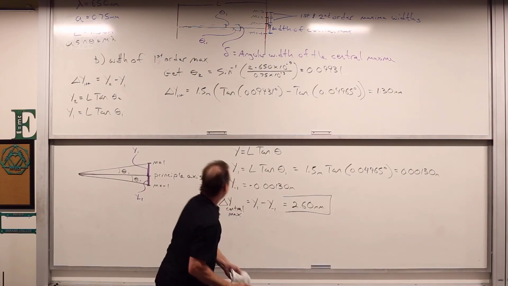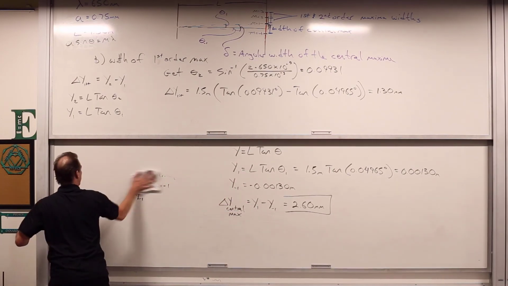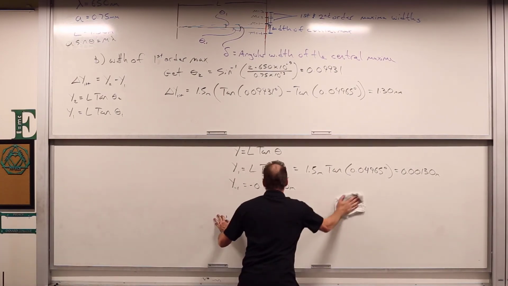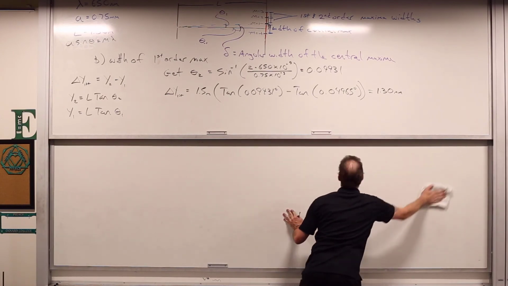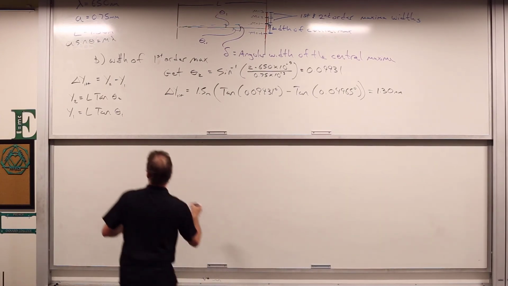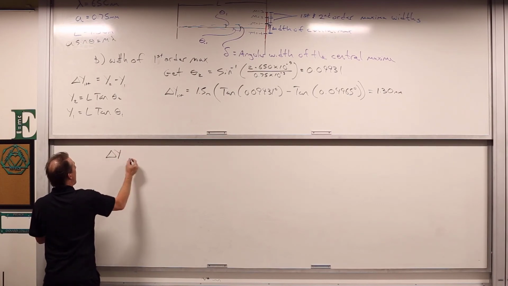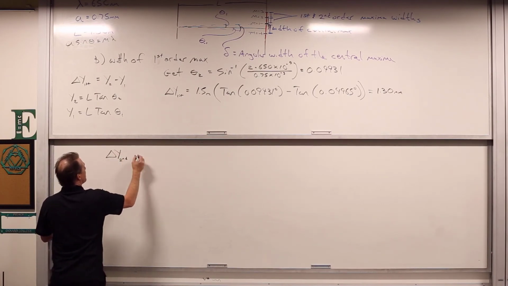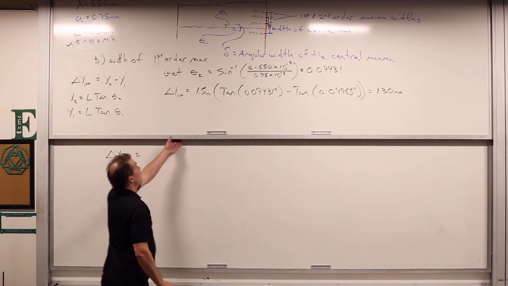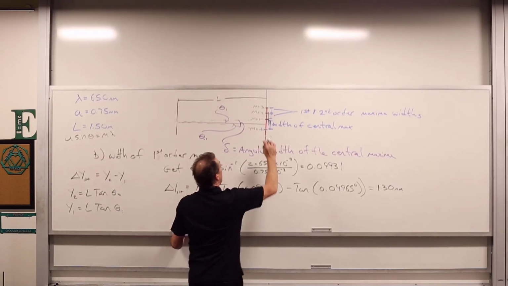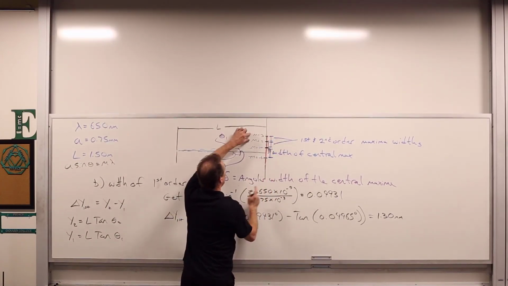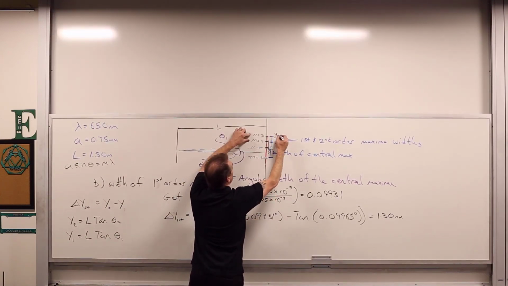So let's get, for the second order maximum, really quick, the linear width of it. So now I want delta y second, and we're looking at this portion right here. We've got a y3 and a y2.